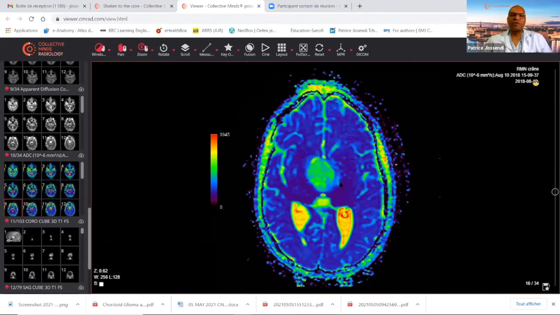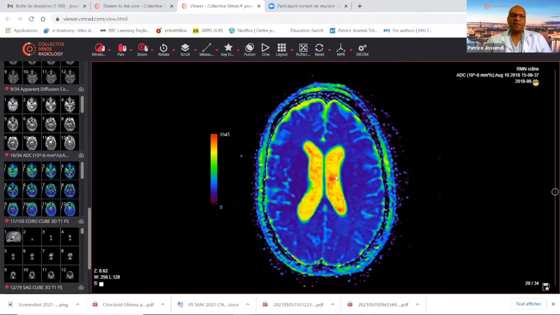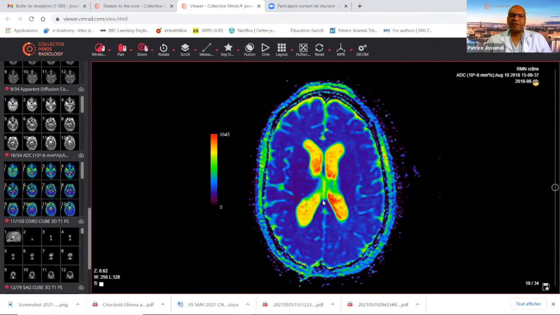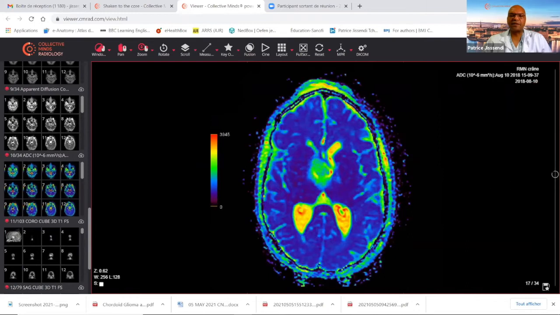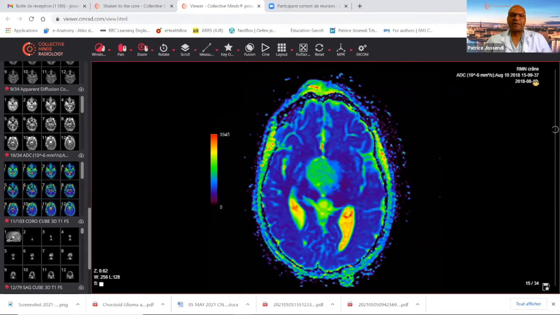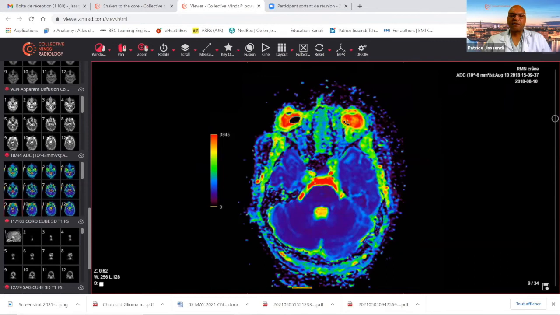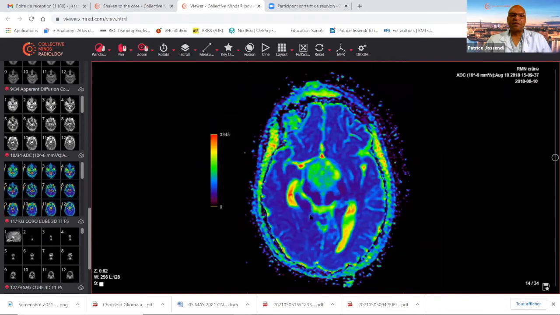So there is no obvious diffusion restriction that can suggest a high cellularity within the mass, right? It seems that diffusion is increased all over the mass.